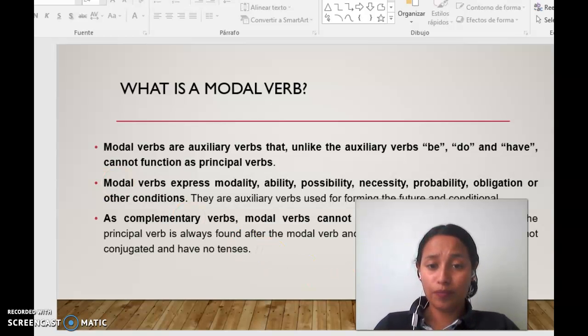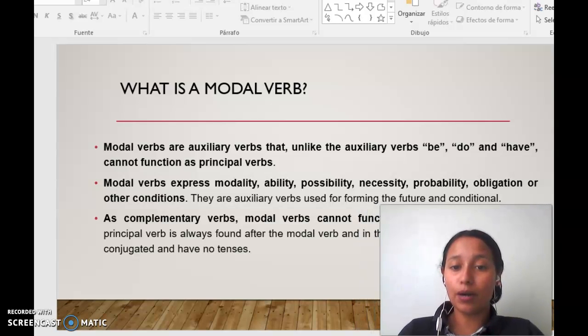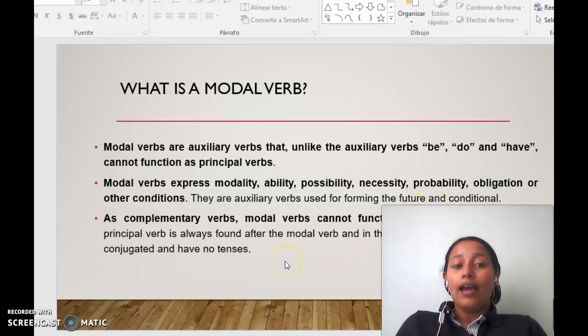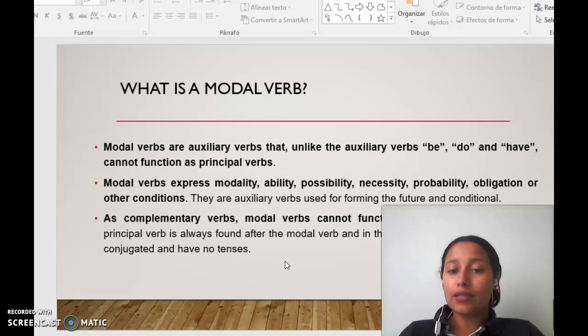They are auxiliary verbs used for forming the future and conditional, and also they function as complementary verbs. Modal verbs function with other verbs. The principal verb is always found after the modal verb and in the base form. Modal verbs are not conjugated and have no tenses.